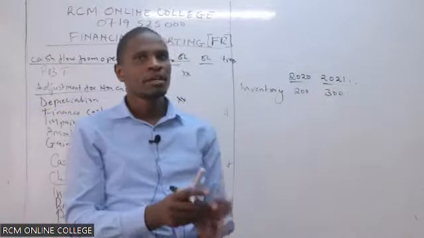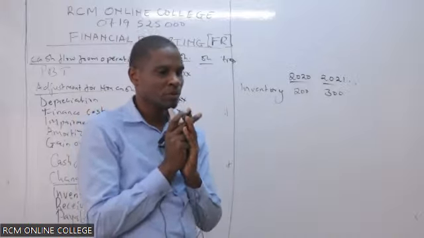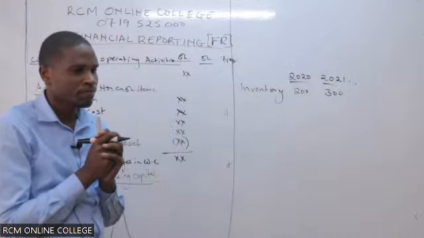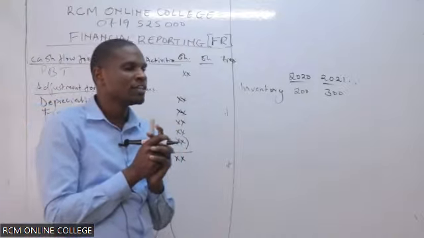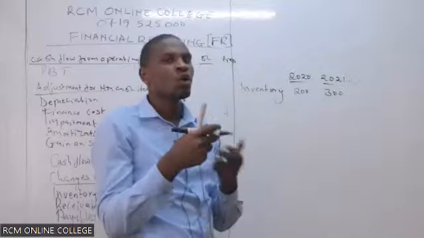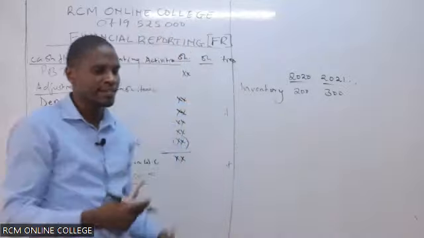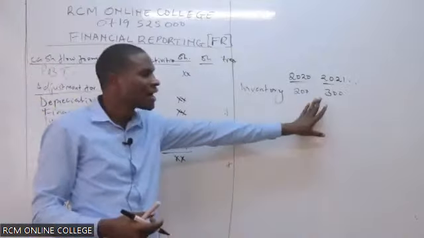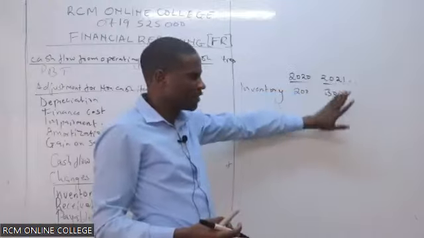Is there an increase or a decrease of inventory? There is an increase of inventory. You ask yourself, what happened to cash? That means in 2021 there was a purchase of inventory.